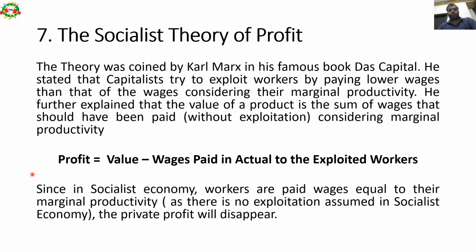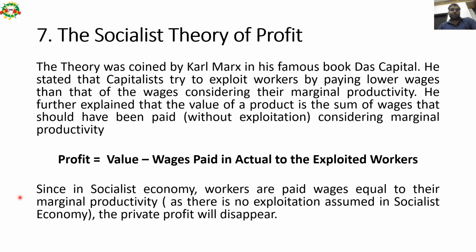So according to this theory, profit is nothing but equal to value minus wages paid in actual to the exploited workers. So according to this theory, workers are paid wages less than their marginal productivity. As there is no exploitation assumed in social economy, the private profit will disappear, right?